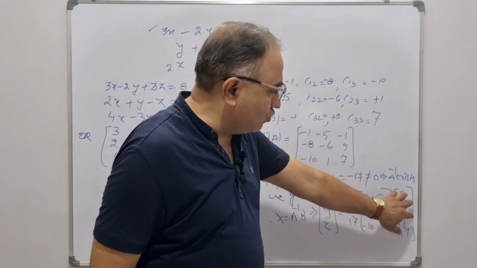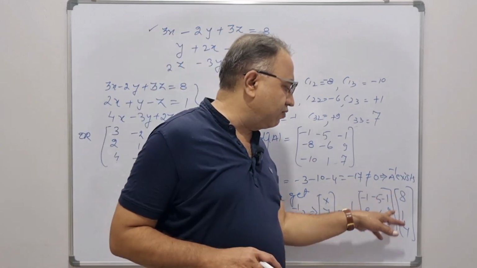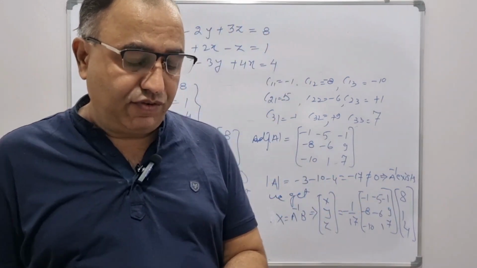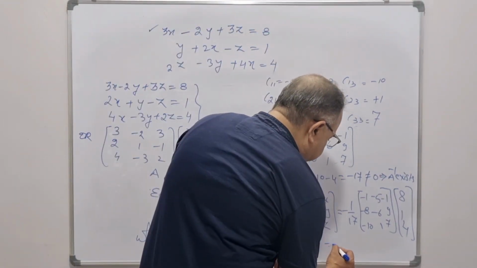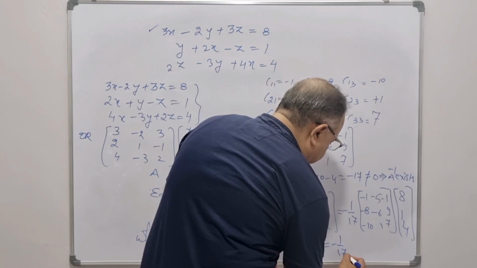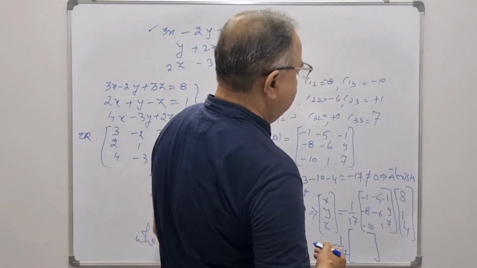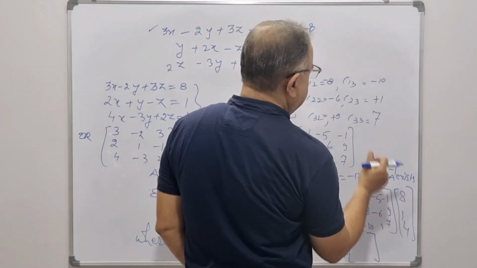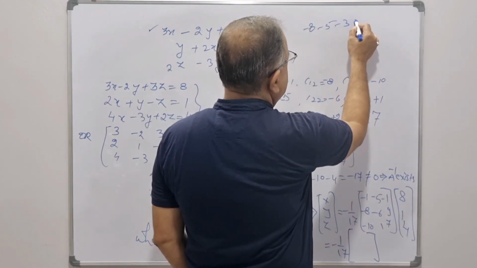Now when you multiply these two, generally the resulting entries will be divisible by 17. That you have to ensure. So let's try. Minus 1 upon 17. Okay. First row multiplied by first column, what do you get? Minus 8, minus 5, minus 36.